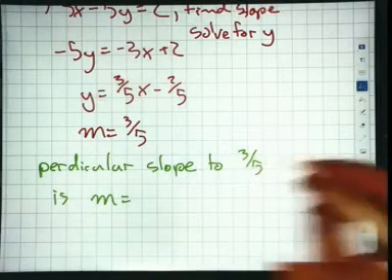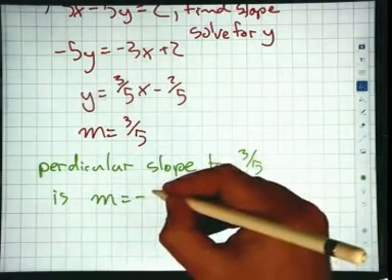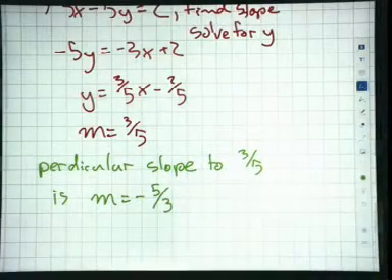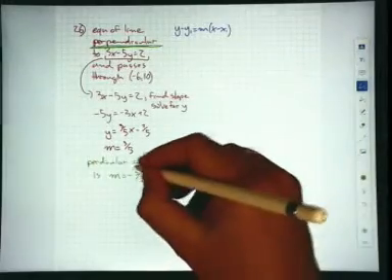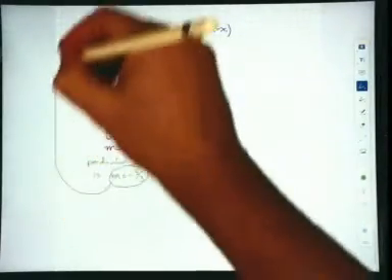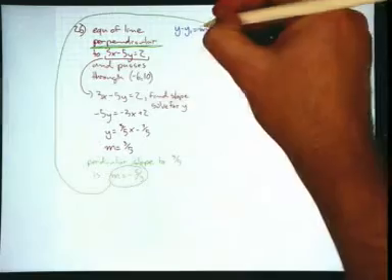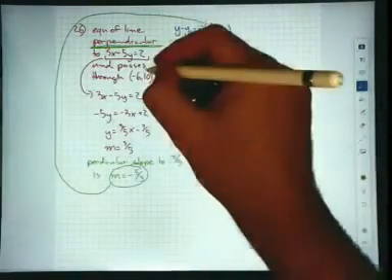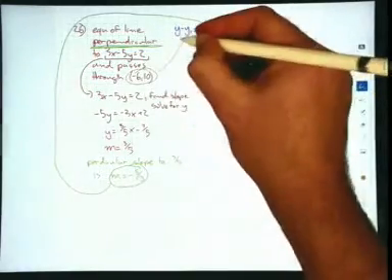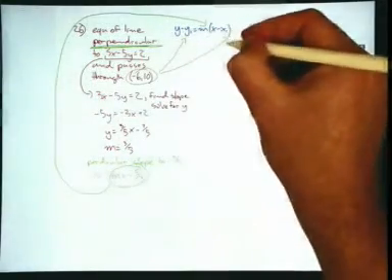The opposite of 3/5 is a negative 5/3. So this is the slope that we're going to plug in up here. And these are the points that we're going to plug in for our x and y values.